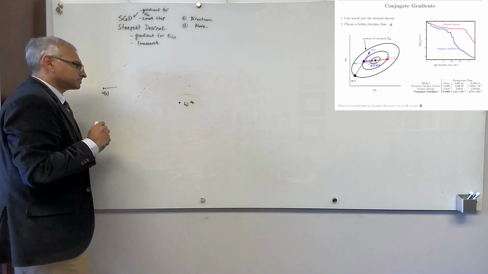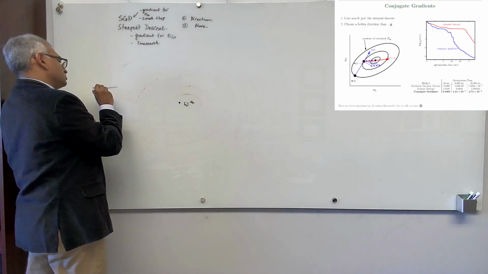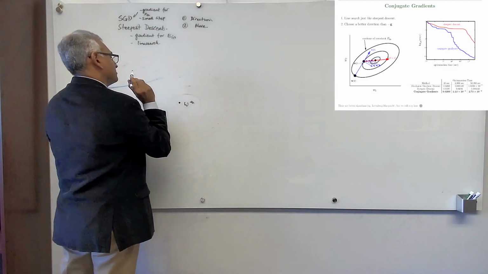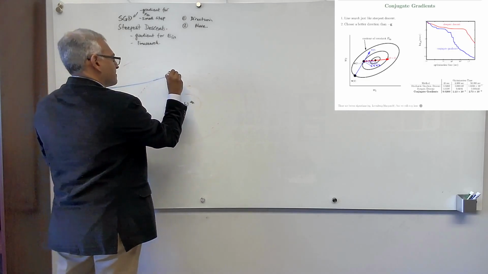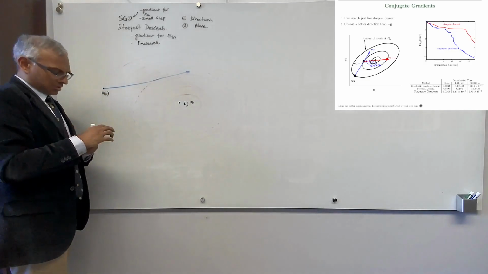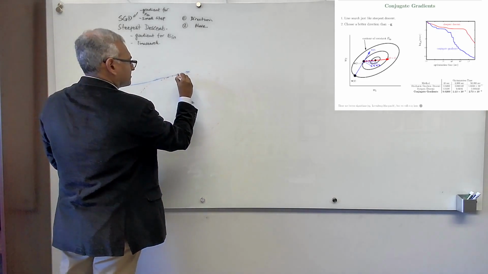Okay, so we move and move. Oh, so much for my abilities to draw curves well. Okay, so we're moving, and let's draw another contour here, which is tangent to that guy.